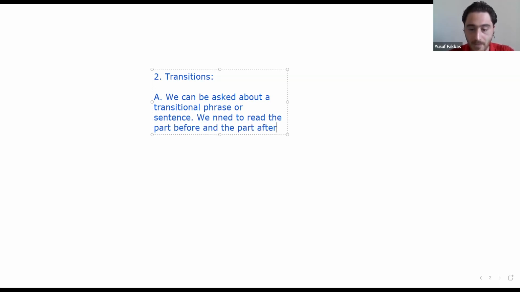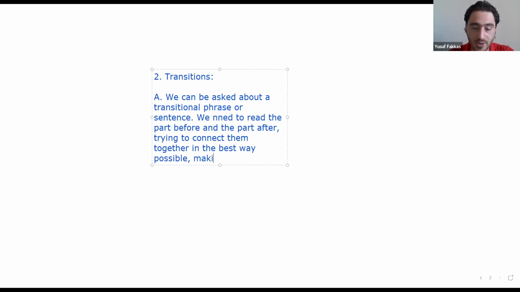Trying to connect them together in the best way possible. Okay, making sure that there is nothing missing between them.